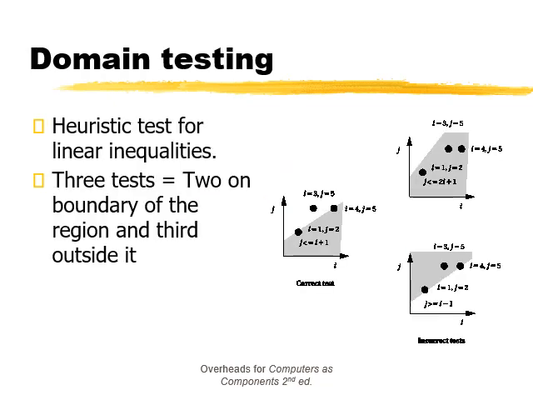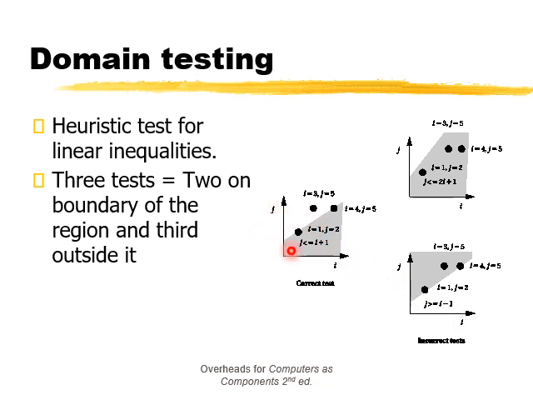In the previous slide we saw how we can do branch testing with the help of true and false values. Now in this slide we will talk about domain testing. It is a more sophisticated strategy for testing conditionals and is known as domain testing. As you can see in the figures, domain testing concentrates on linear inequalities. We have linear equality here, linear equality here, and linear inequality here.